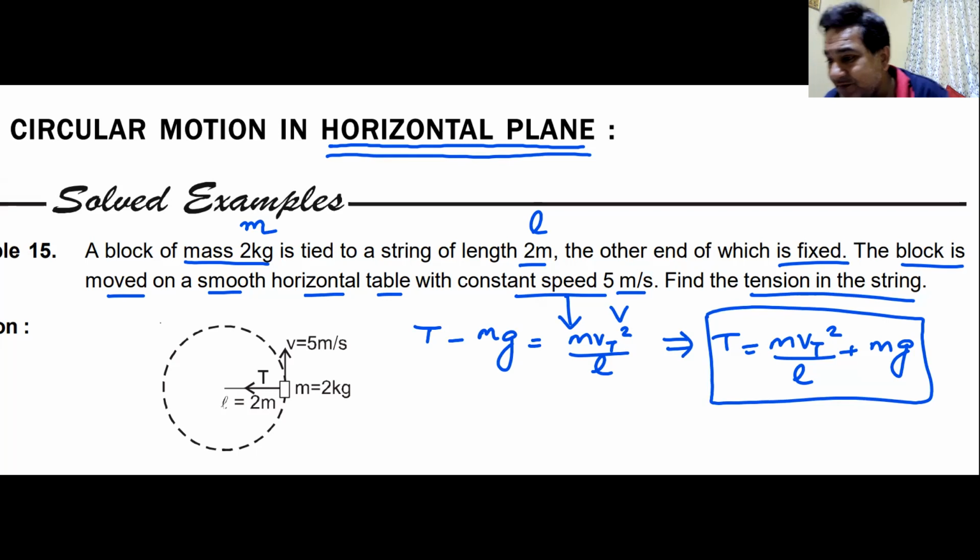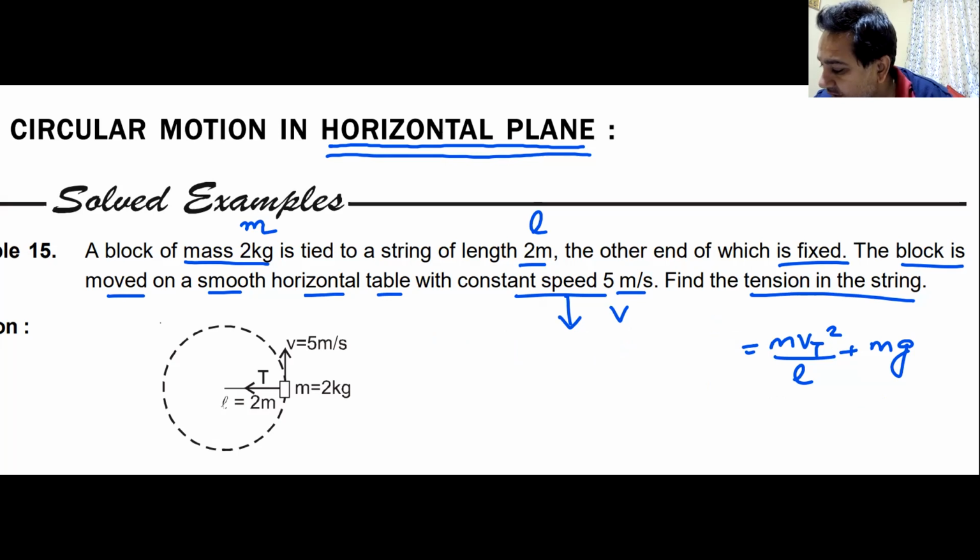It is mv square by L, and it is not mv square by L plus mg as what is being just now discussed in the class. So this is not correct. I will have to take it out. The answer is simply tension will be equal to mv square by L.